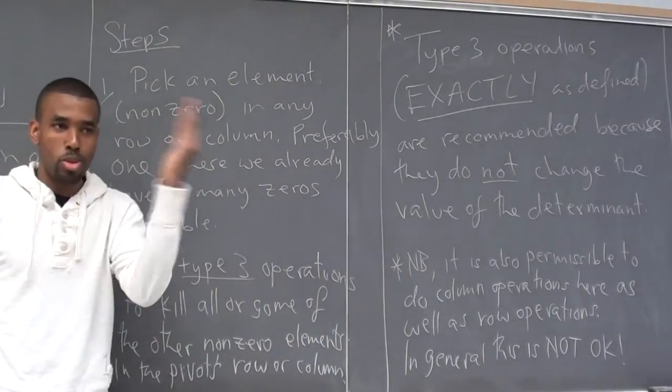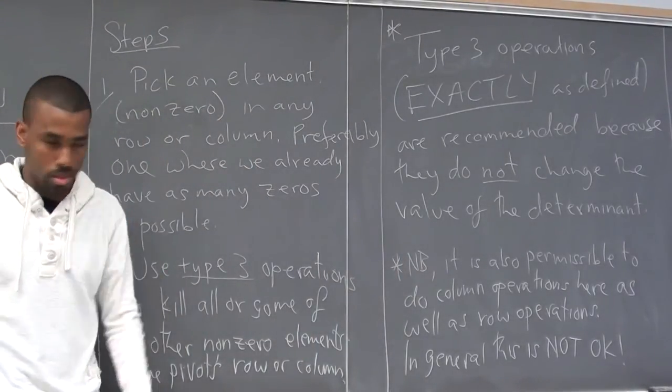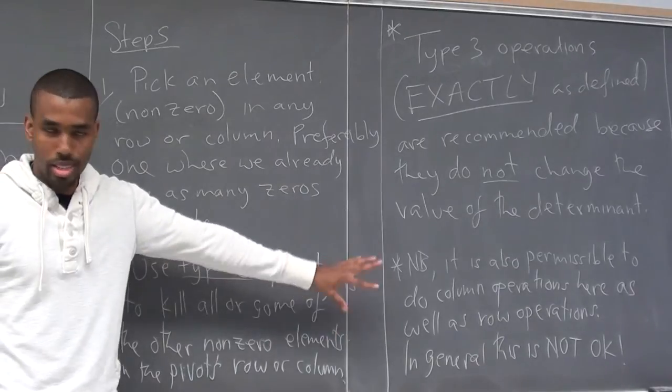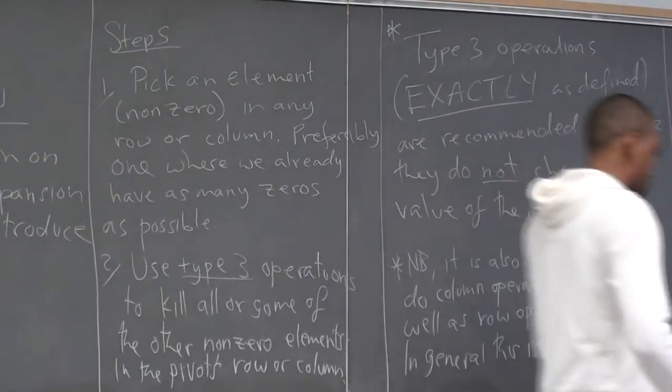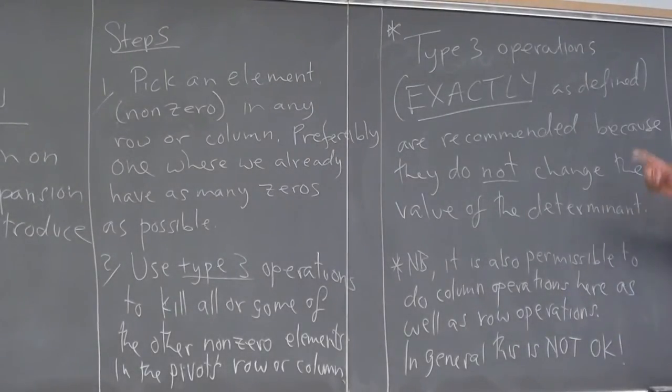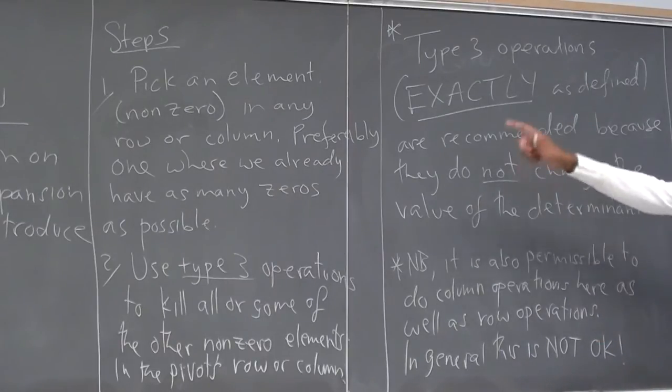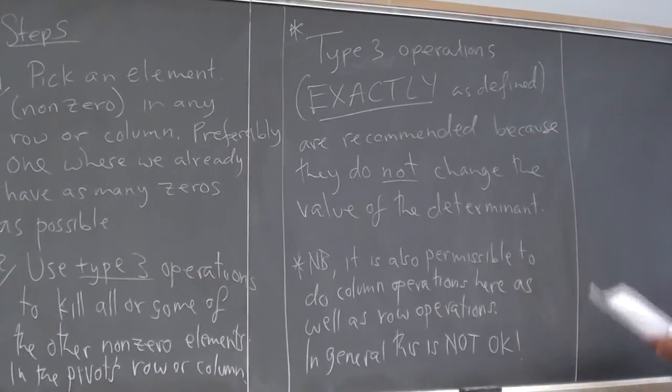Same way you'd add 2 rows or subtract 2 rows, you can do with columns. But it only works here, not in general. It happens to work here because the determinant of the transpose of a matrix is the same as the determinant of the matrix itself. But in general, column operations are illegal. But here it's fine. So what we can do is we can do type 3 operations and kill some guys to get more zeros. So let's do an example.